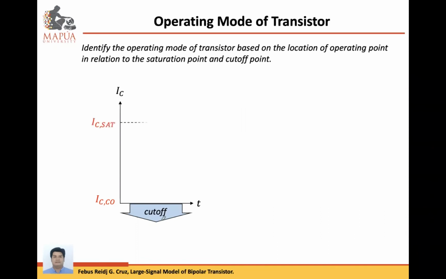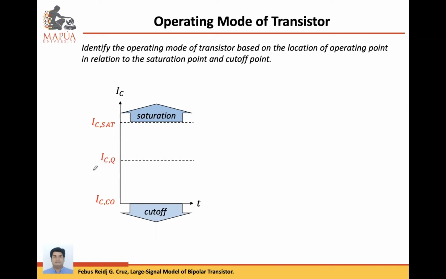Okay? And the maximum possible collector current is IC sat. So when you analyze and solve the circuit and get a collector current equal to IC sat or even higher than IC sat, then you can state that the transistor is actually in saturation.